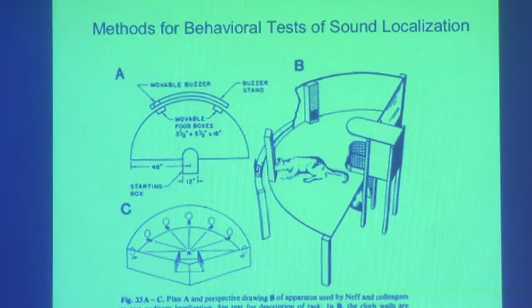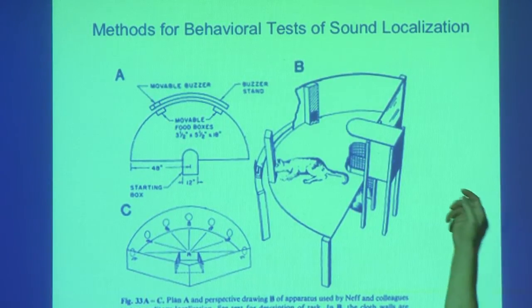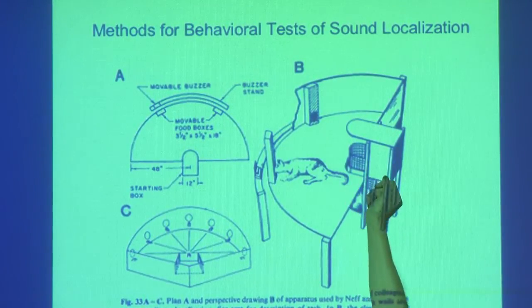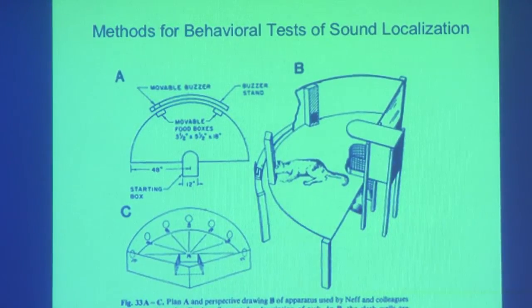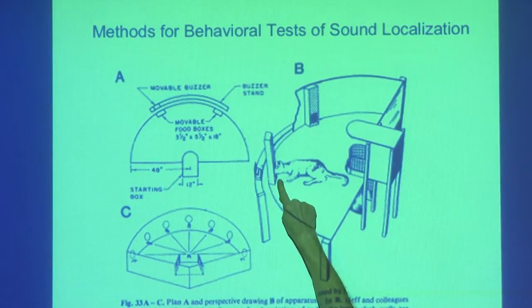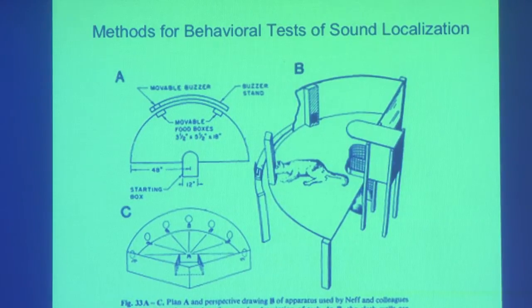And the animal then listens. This speaker up here near B didn't emit the sound, but the speaker down here did. The animal is trained to go to the speaker that it heard emit the sound. If it does that correctly, there's a little food reward area below the speaker, and the animal gets a food reward. The animals are food deprived, so they're motivated to do this task.